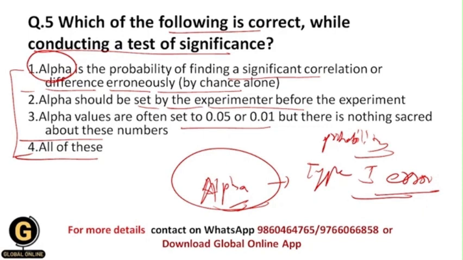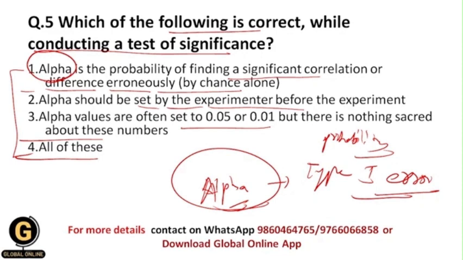Ultimately this is the probability of finding a significant correlation between the variables or difference between the variables but by chance alone. All of you getting? And there are some common values for alpha, and the experimenter or researcher should set these values before the experiment, because they will understand what the results of their research will be. Alpha values are often set to 0.05 or 0.01, but there is nothing sacred about these numbers.